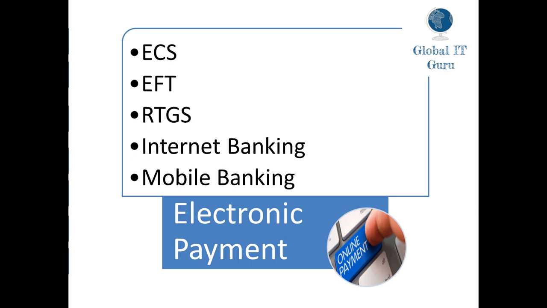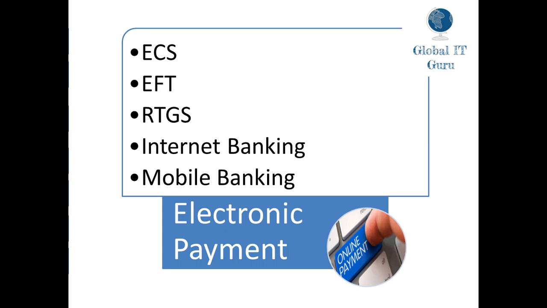Next we have internet banking. Nowadays every bank is providing internet banking and mobile banking facilities. It allows customers to conduct financial transactions on a secured website operated by the financial institution. It's a very fast and convenient way of performing any kind of banking transaction.